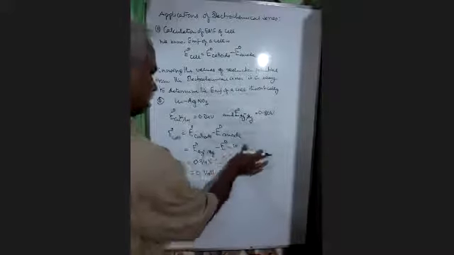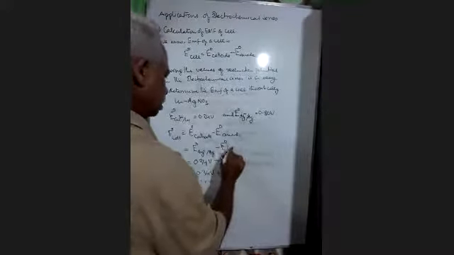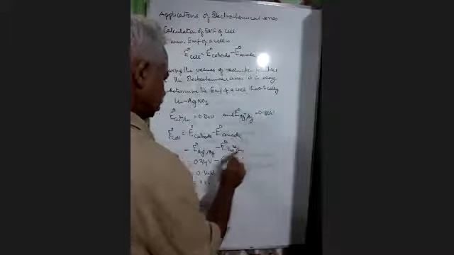Now see here, which is cathode? Cathode is always higher. So here, it is Ag+/Ag and it is Cu2+/Cu. So what will be the value now? The value will be 0.80 volt minus 0.34 volt.